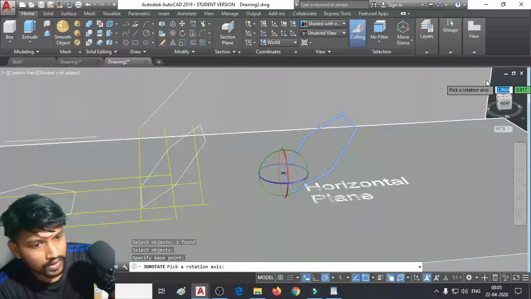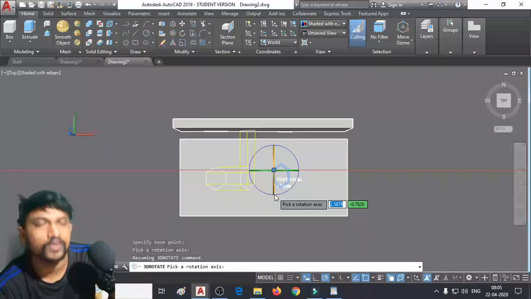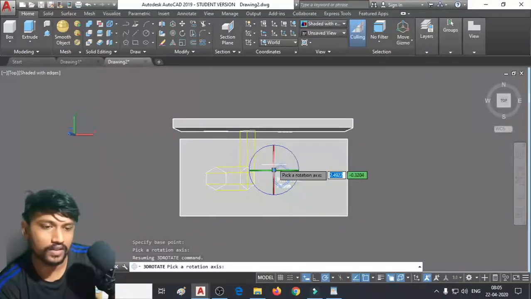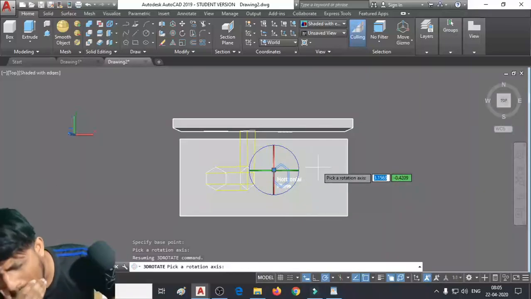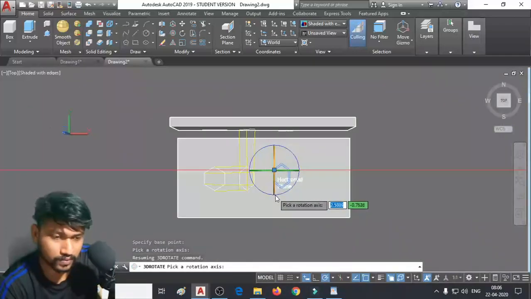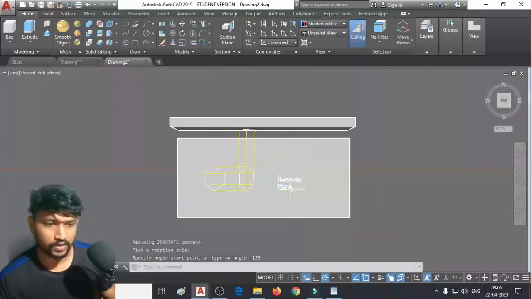So let's go to the top view now. For how much angle? If this particular edge has to make an inclination of 60 degrees with this one, it has to move 30 degrees from the current position. 90 means 120.